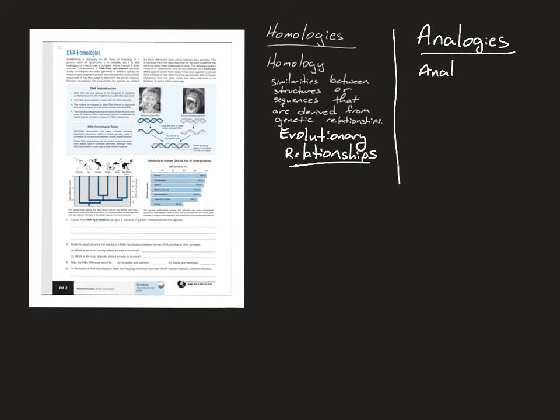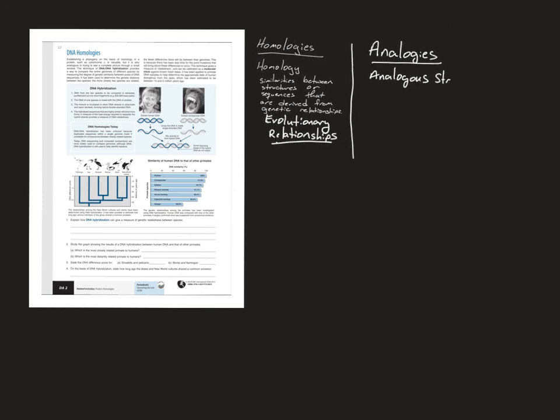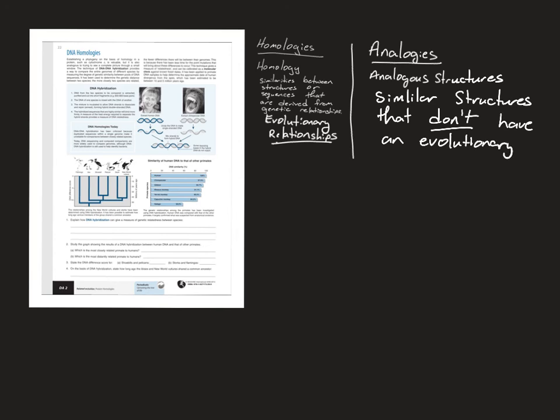Analogous structures are structures that are similar, just like homologies, similar structures that don't have an evolutionary relationship.